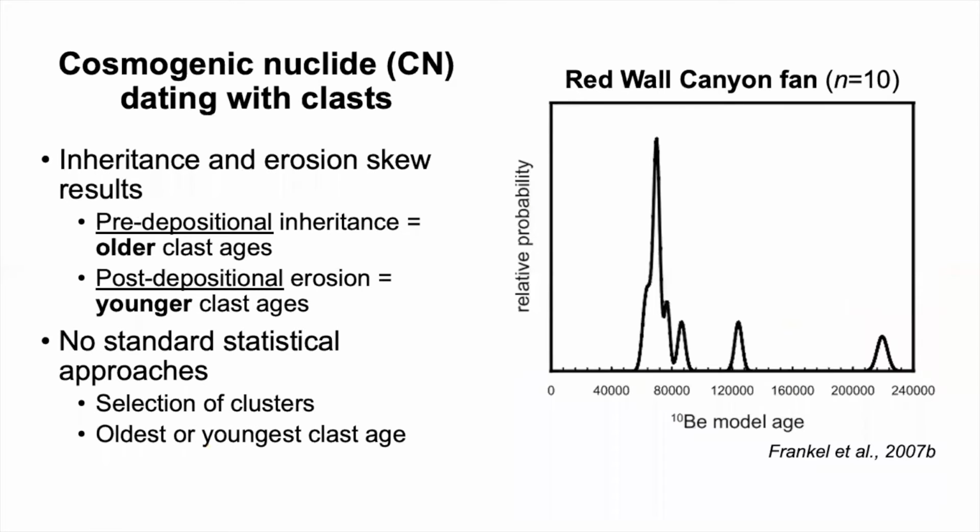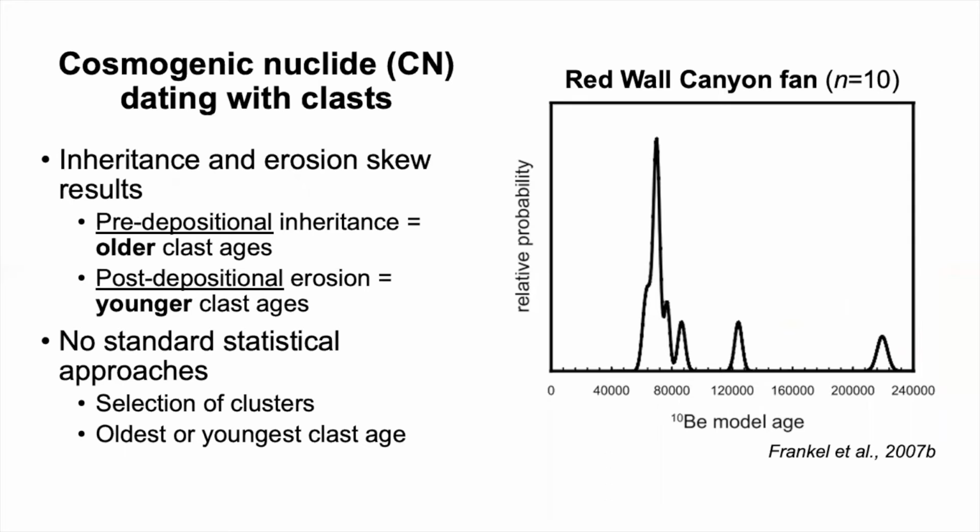Exposure age dating using surface clast datasets is subject to bias by both inheritance and erosion. Pre-depositional accrual of a target nuclide, for example, during upstream transport, results in an inherited nuclide concentration and apparent older clast ages.